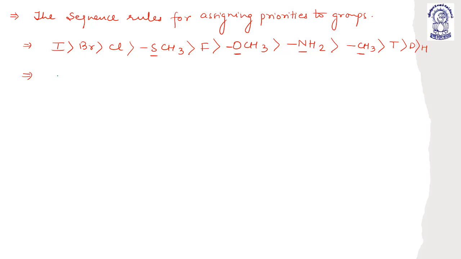For example, if the two first bonded atoms are identical, then the atomic numbers of the second attached atoms are compared. We have already told you, this one is higher than this one because first carbon, carbon, then the second is also carbon. Here the second is hydrogen.